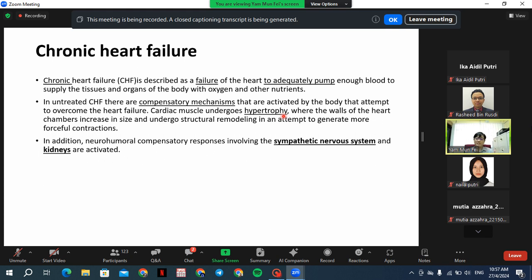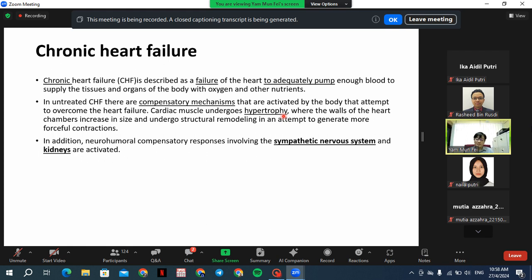Hyperplasia and hypertrophy are different. Hypertrophy means the size becomes bigger, but the number of cells remains the same. Hyperplasia is when the number of cells becomes more. So once hypertrophy increases and your heart becomes bigger, some of us may think it is good for you, isn't it?